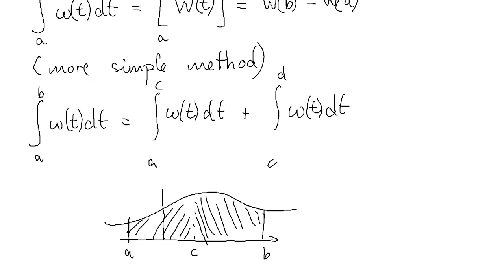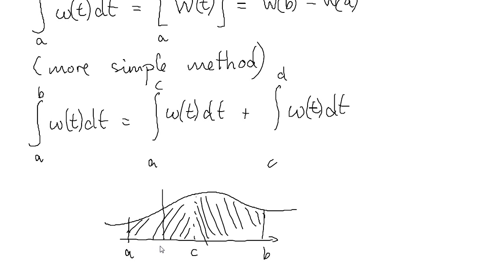We also want to emphasize that it's possible to divide the integral from a to b into two or more integrals. For example, if we want to integrate from a to c first and then from c to b, then we can add these two integrals and the resulting integral turns out to be the same as the integral from a to b.